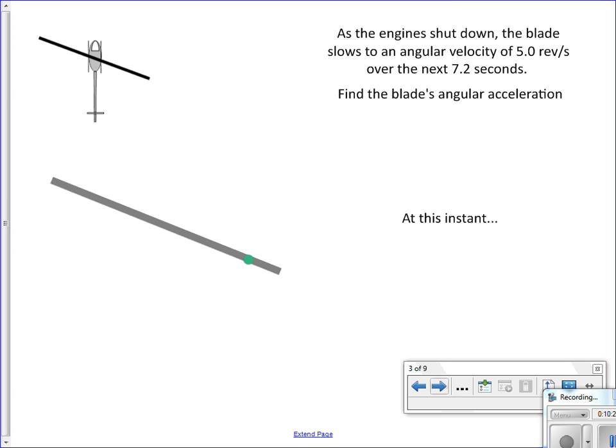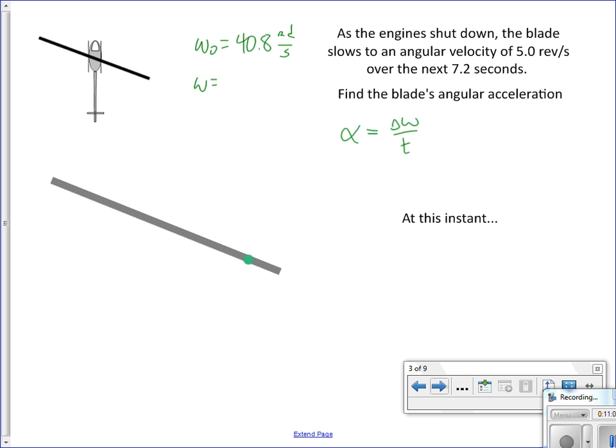Okay, yeah. Now, let's shut the engines down. The blade slows to an angular velocity of 5 revolutions per second over the next amount of time, 7.2 seconds. Let's find the blade's angular acceleration. Okay, so that, going back a day, alpha is delta omega over t, right? And remember our initial was 40.8 radians per second.